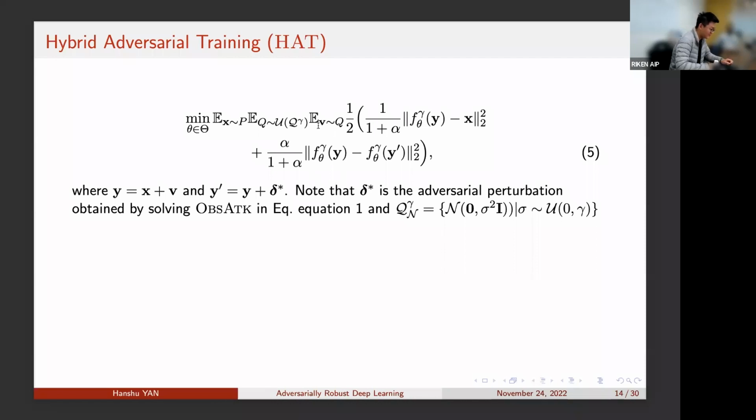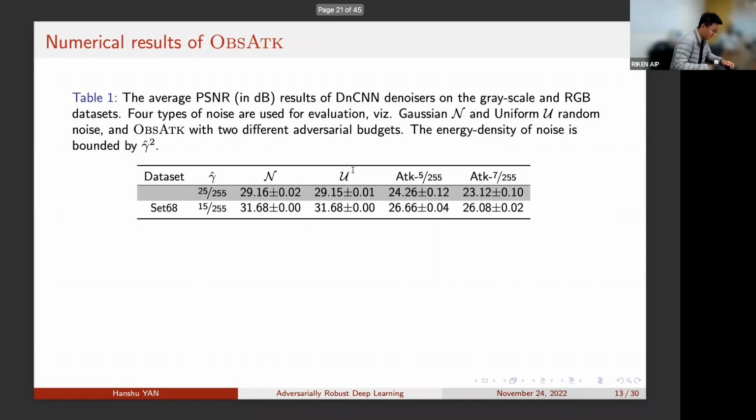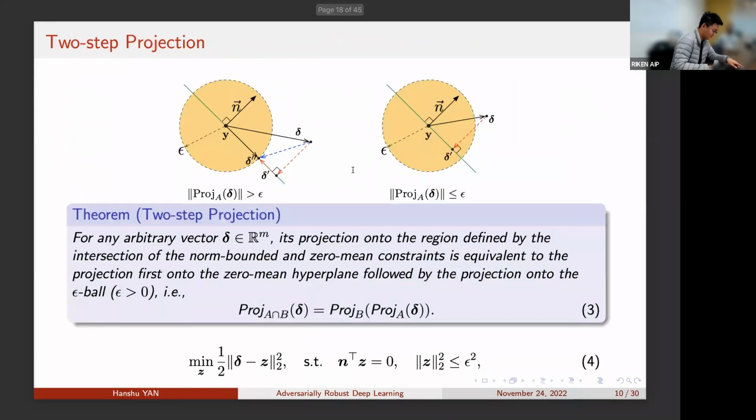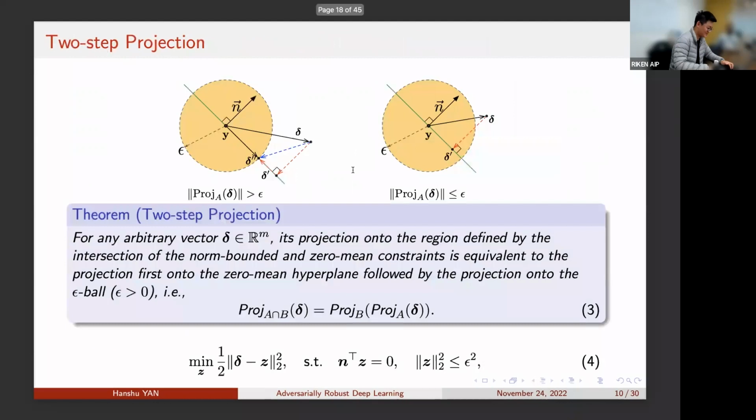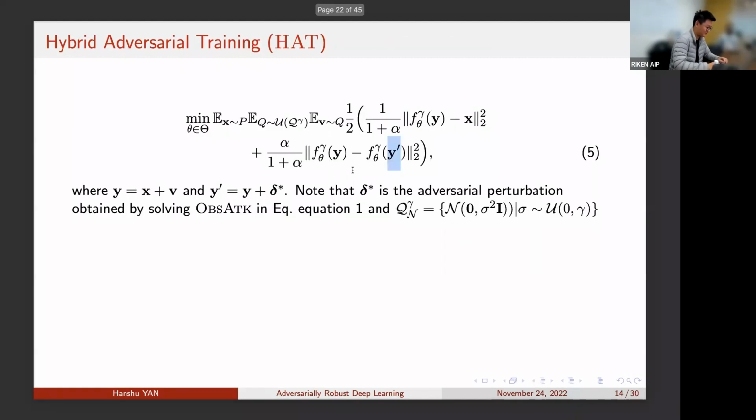Actually, this is a minimax problem because I use the Y prime here, and when we construct the Y prime, we actually need to solve an inner max problem. Because Y prime is solved by the attack problem. If I write the argmax into the objective function, it will be too long, so I just use the Y prime here.